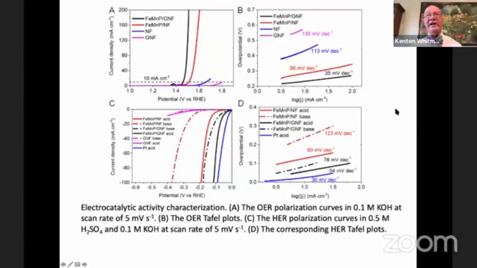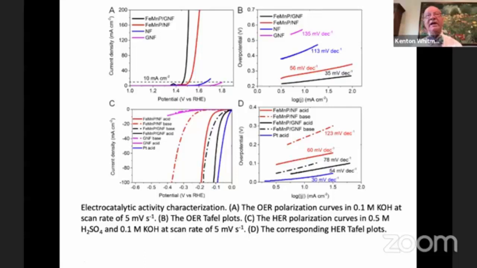And when you carry out these reactions, you get very good response for both the FEMNP on nickel foam and the FEMNP on the graphene-coated nickel foam materials. And so there's quite a bit of possibility here for using these types of materials and using this methodology to create different types of electrodes for doing the water splitting process.